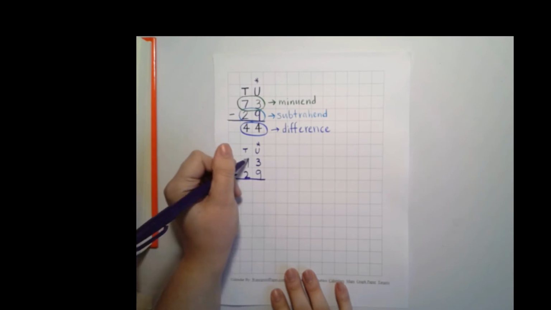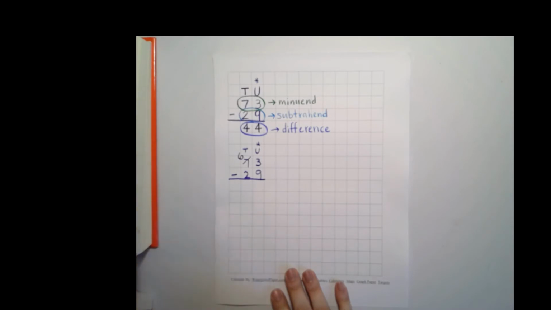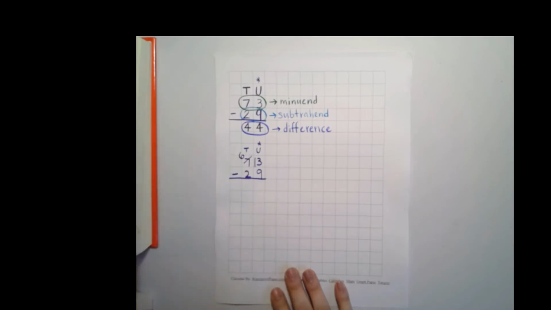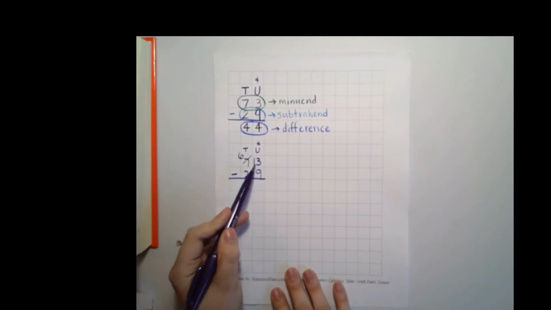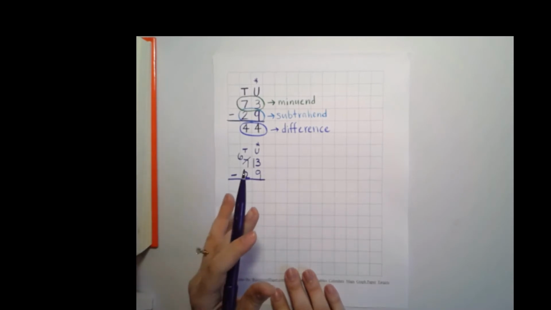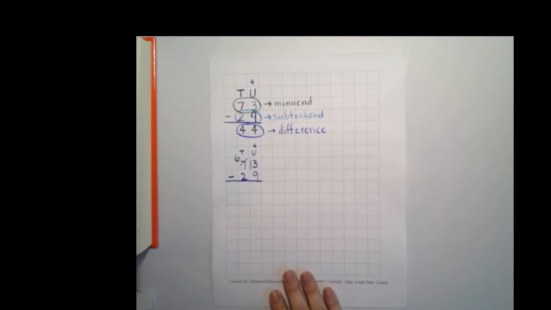So 7 now has 6 tens, and 3 gets an extra 10. So we'll put it in the tens place, which gives us 13. So now 3 is able to give away 9. It has enough.